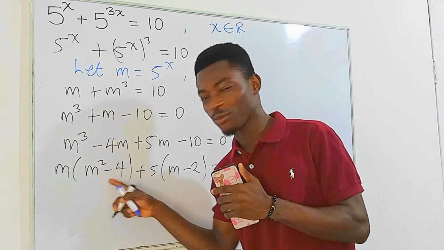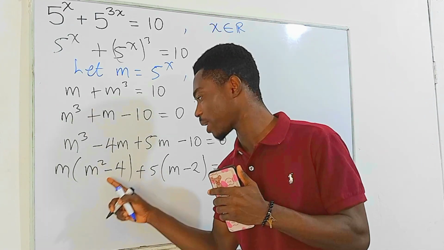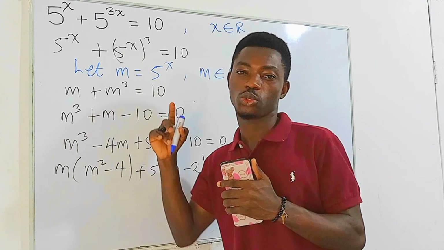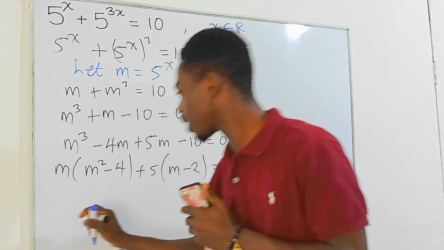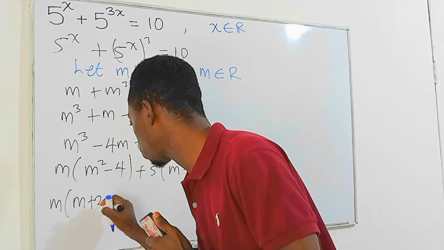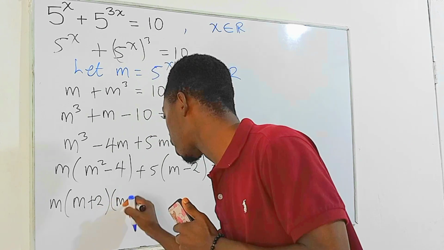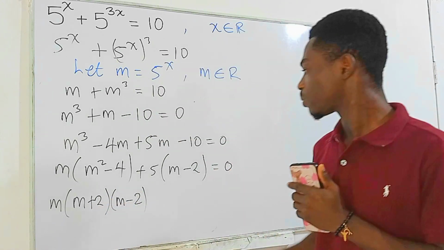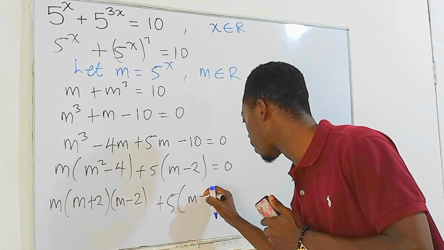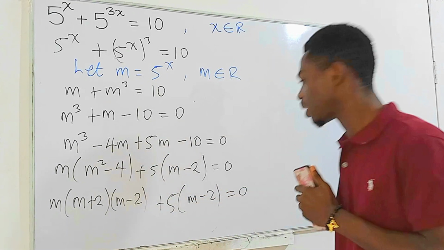Right here, we have difference of two squares, right? m squared minus 4, that is the same as m squared minus 2 squared. And we can rewrite that as m plus 2, then times m minus 2. Then we have that 5 times m minus 2, and this is 0.